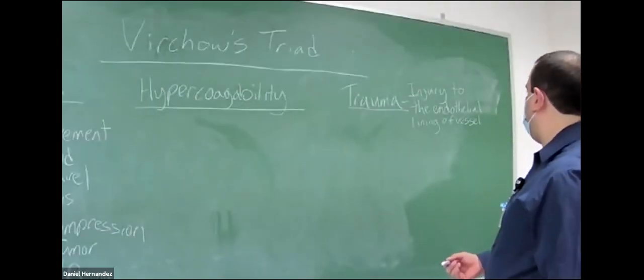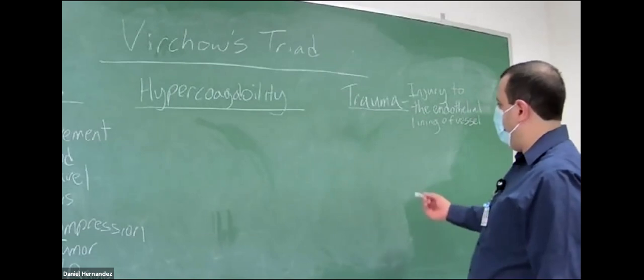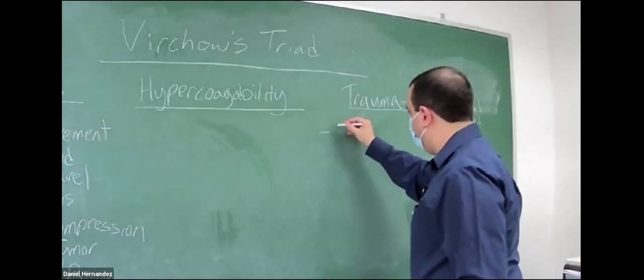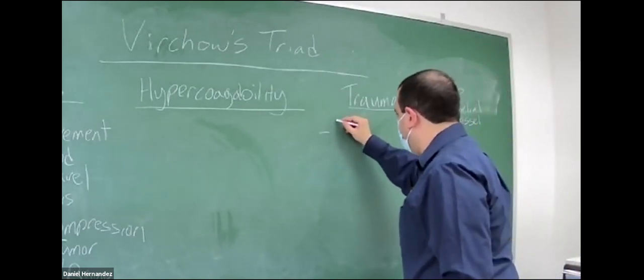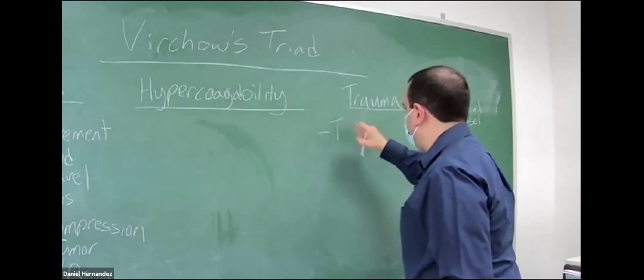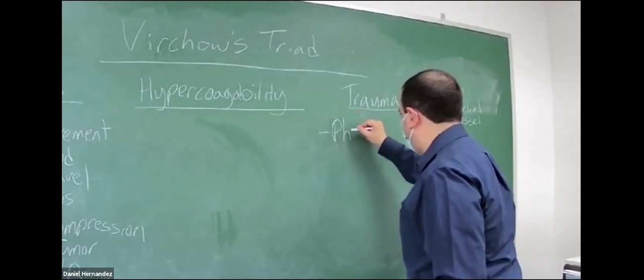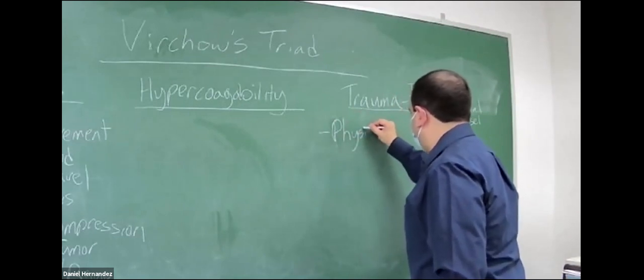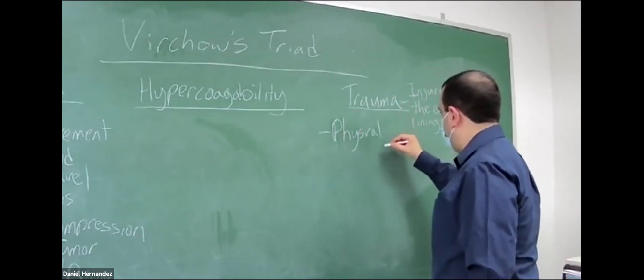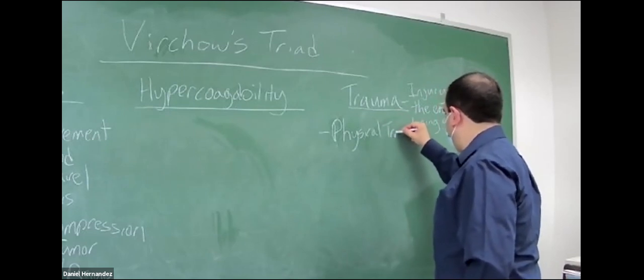So different things that can cause trauma or injury to that inner lining of the vessel is actual physical trauma or injury. We'll say physical trauma. So you hit yourself, you're involved in an accident.